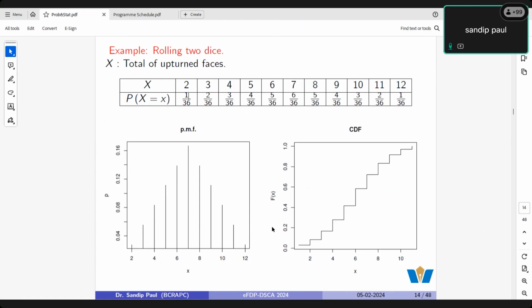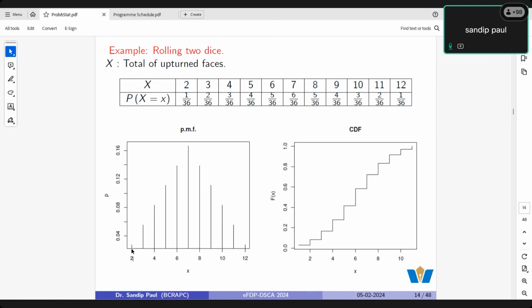So now if we have this distribution function, here you can see the probability distribution is given, the x values and their probabilities. So if we draw them, we can see the probability at the value x equal to 2 is 1 by 36.